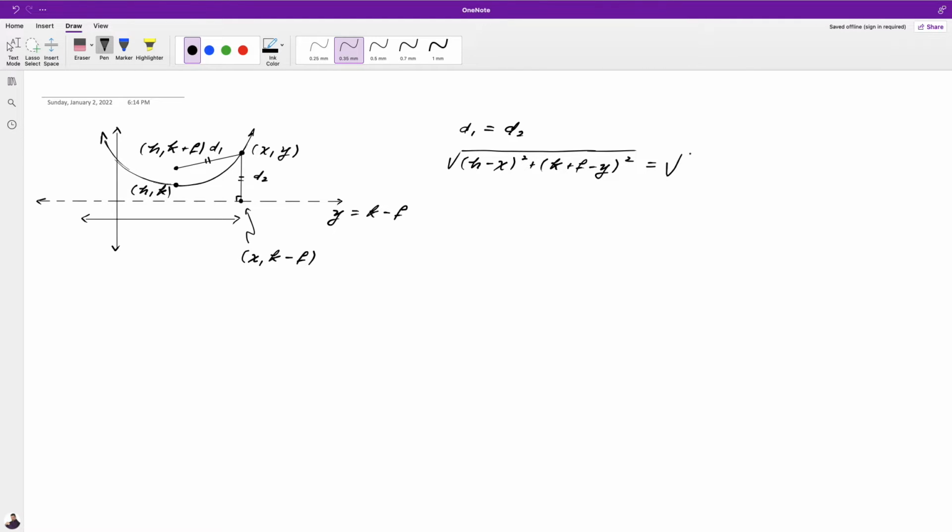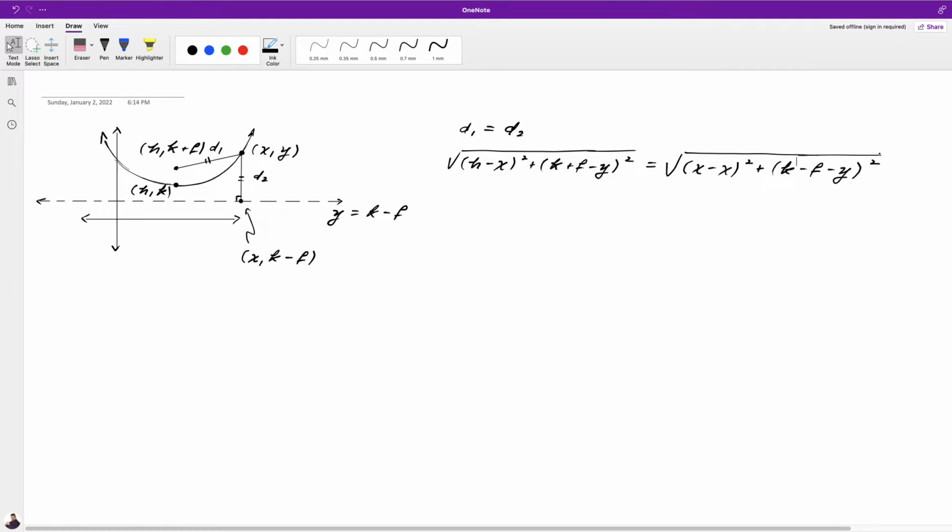Well, it's the square root of x minus x, quantity squared, plus k minus f minus y, quantity squared. There we go. So quickly examining our work to make sure we haven't committed any careless mistakes, looks good to me.